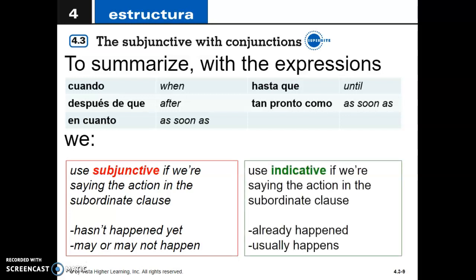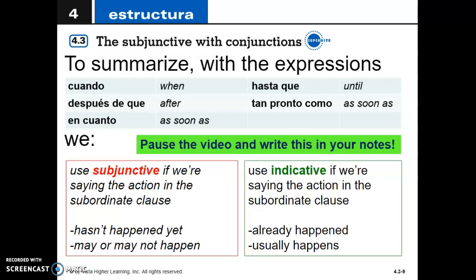And then use indicative if we're saying the action in the subordinate clause already happened or usually, generally happens. Okay. Please, I recommend pause the video, write this in your notes, conceptualize. If you only get one thing, these 2 boxes, so that you know, yep, it hasn't happened, may or may not happen, or yep, it usually happens, or it happened in the past. So pause, jot this down. It's not in your notes. Go ahead and do that. Take a second.